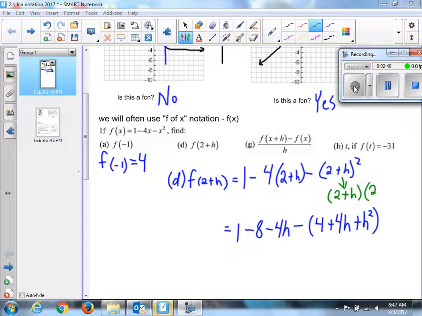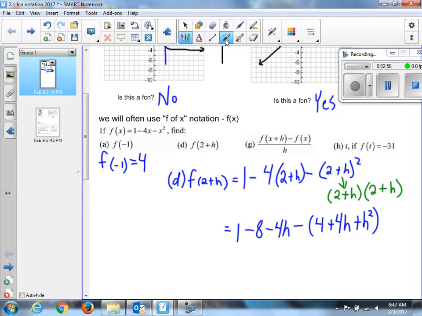But if you were to write it all out, when I work that out, I think you see it. 2 times 2, distribute the 2 through the h, there's 2h. 2 times h again, so 2h plus 2h is 4h. Lastly, h times h for h squared. 3 terms.